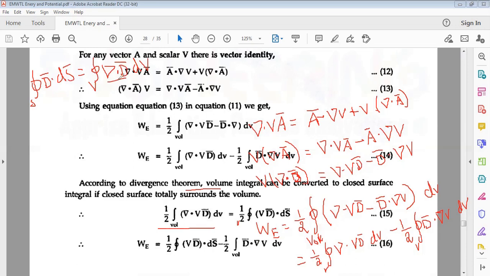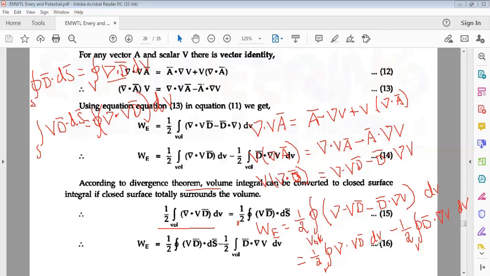The surface integral is converted to the volume integral by taking d bar and applying del dot d bar. Now we have del dot of v d bar into dv. So the volume integral is converted to the surface integral v d bar dot ds bar.